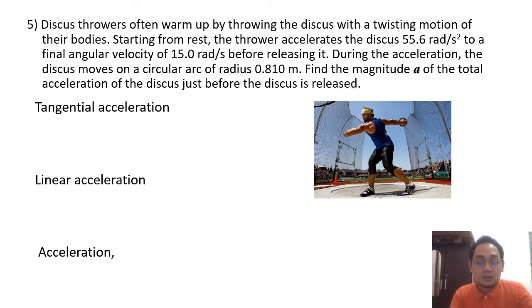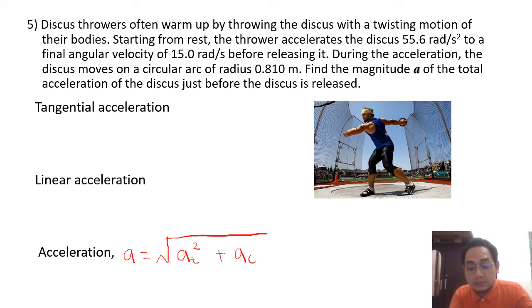So the question wants us to find the total acceleration. As we know, the formula for total acceleration is a equal to the square root of tangential acceleration squared plus centripetal acceleration squared.